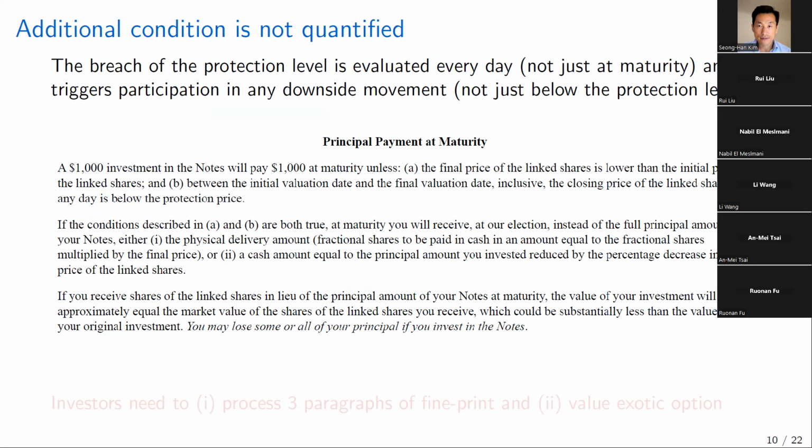And if it's breached, investors participate in all the downside movement, not just below the protection level, but below the initial strike price. So if investors try to make sense of the impact of this different security designs, they first need to process these 3 paragraphs, and then they need to also value the embedded exotic option to understand what is the impact on fees and expected returns.